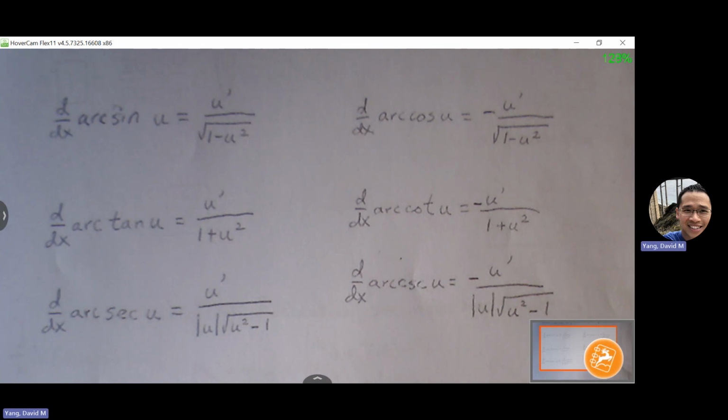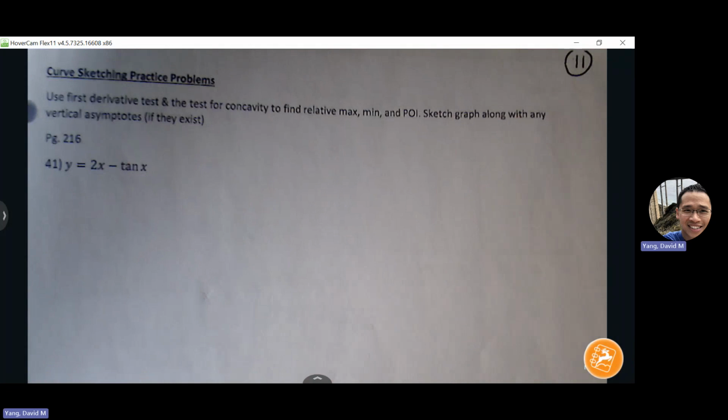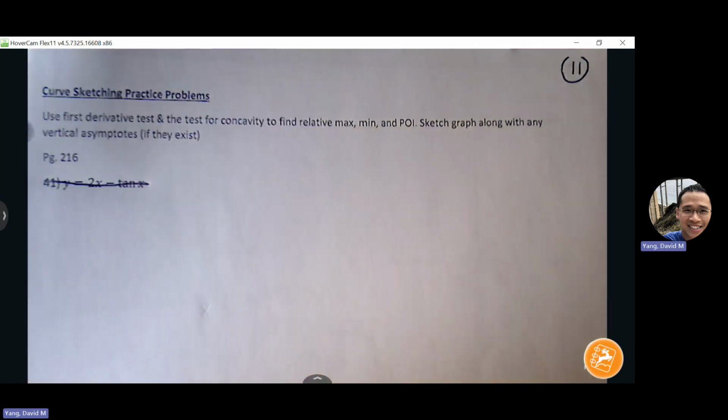All right, so if you guys can go to page 11, we're not going to be able to get through a full problem, but I know the types of problems that are going to require the most practice are always the curve sketching problems. I'm not going to give you any involving tangent or anything besides sine and cosine. So go ahead and cross off this one here.